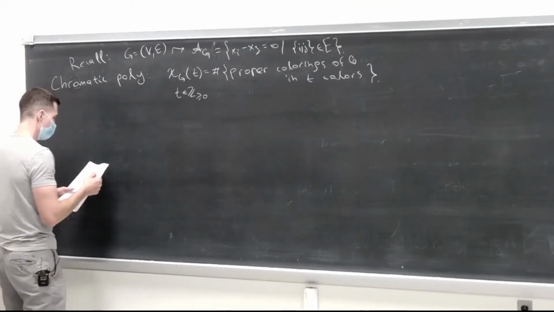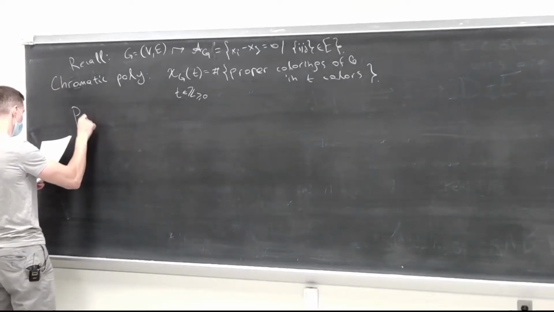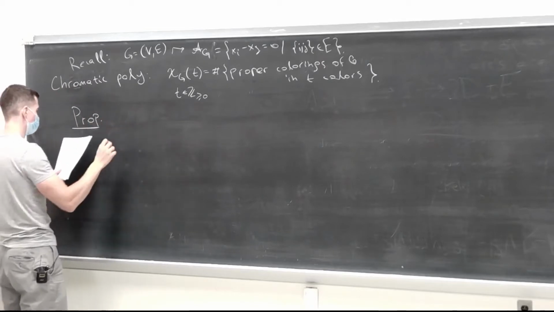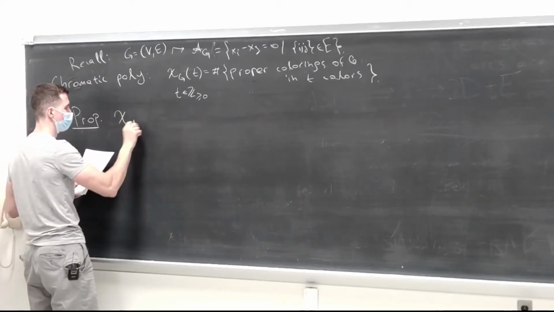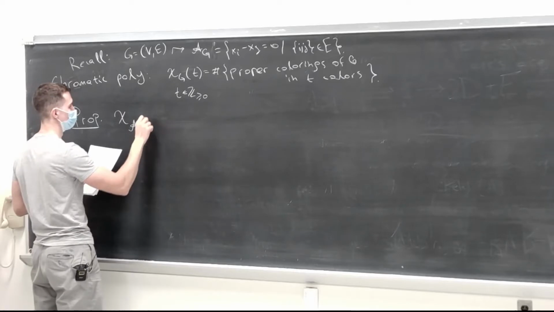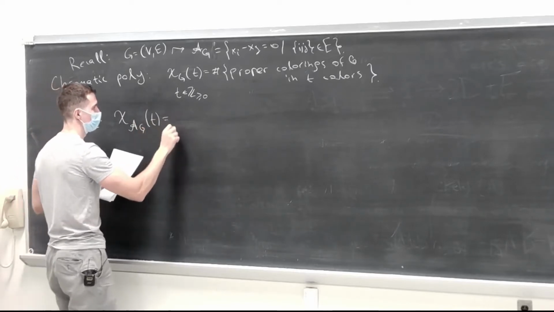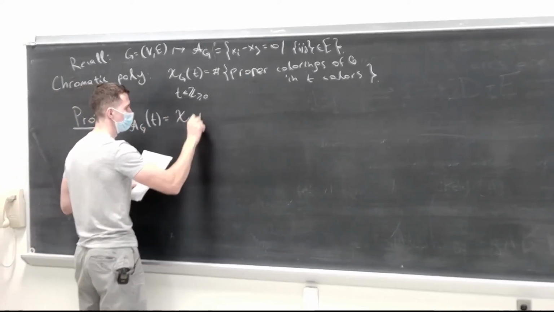And yeah, the claim was that the characteristic polynomial of the graphical hyperplane arrangement is exactly equal to the chromatic polynomial of your graph.